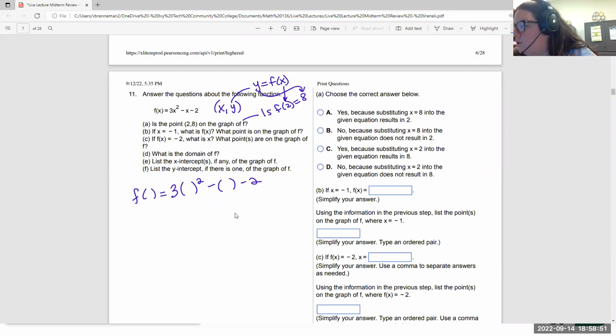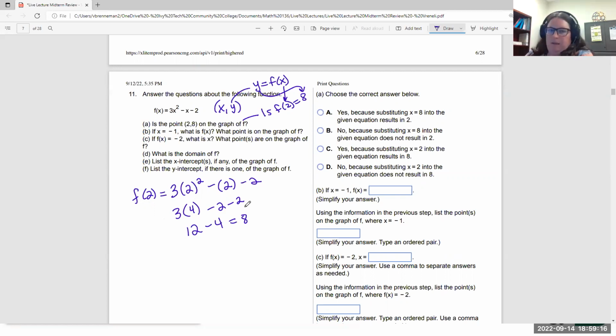We're looking for f of 2 and figuring out, is it equal to 8? I keep using the wrong writing tool. All right, now we have 3 times 4 minus 2 minus another 2. 3 times 4 is 12 minus 4, and that actually does turn out to be 8.